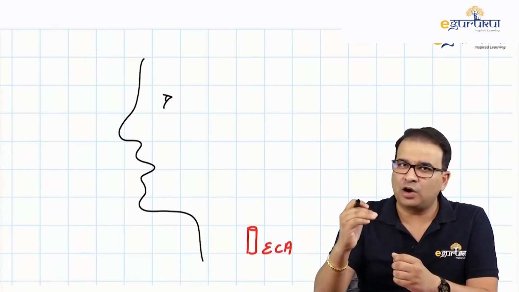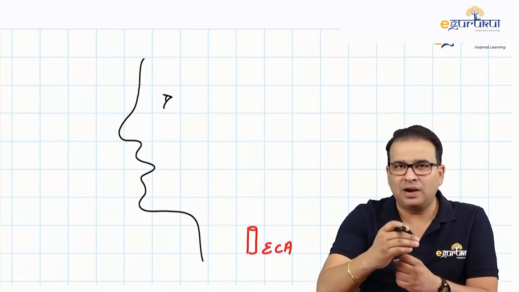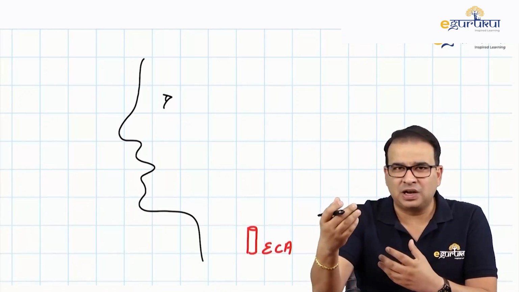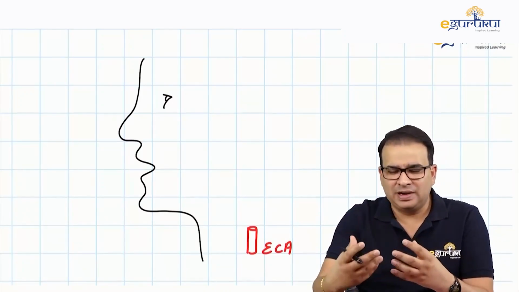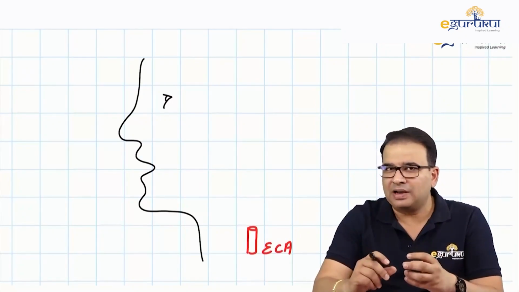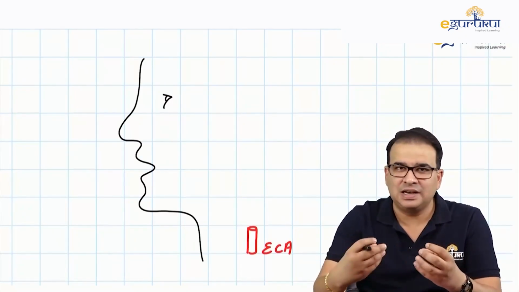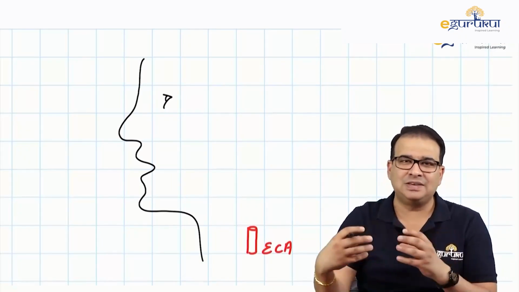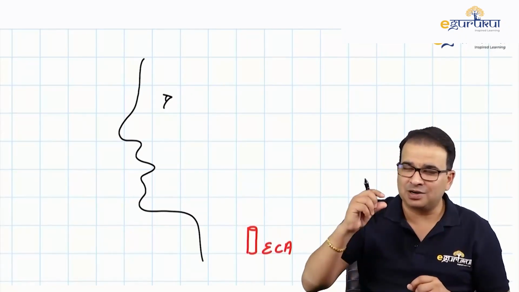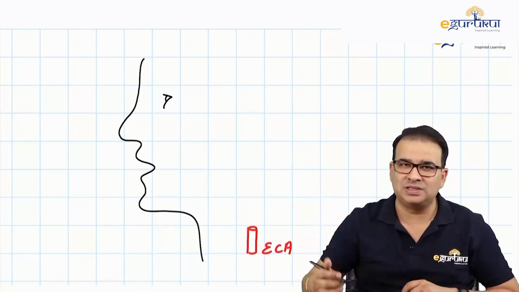At the level of the greater cornua of the hyoid is the lingual artery, and just above we have the origin of the facial artery. And sometimes, as we already said, the facial artery and lingual artery come out as a common trunk called a linguofacial trunk. So you may see the facial artery and lingual artery originating as a common trunk called a linguofacial trunk.